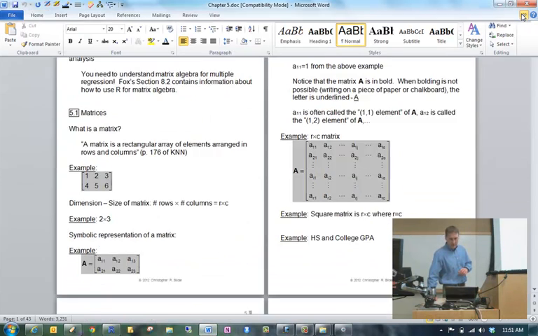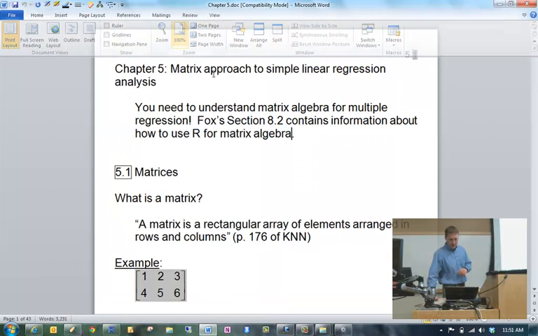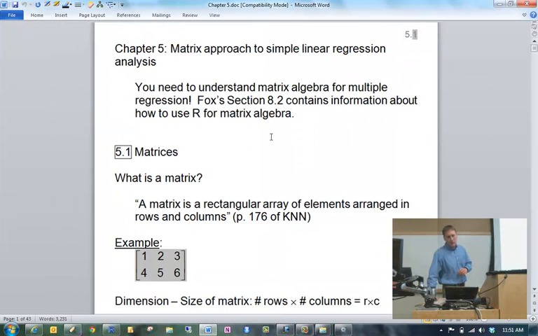Okay. Starting in Chapter 6, we will do multiple linear regression. We'll do that for the rest of the semester. Again, multiple linear regression means you have multiple predictor variables.